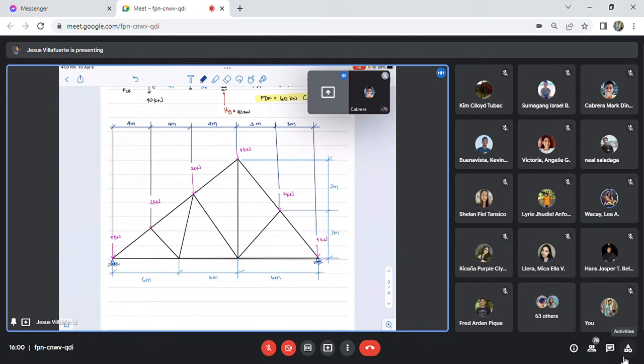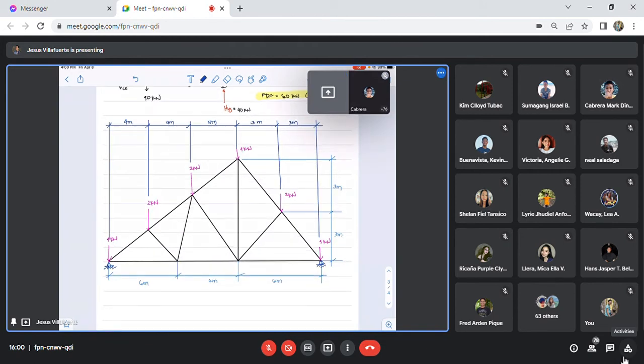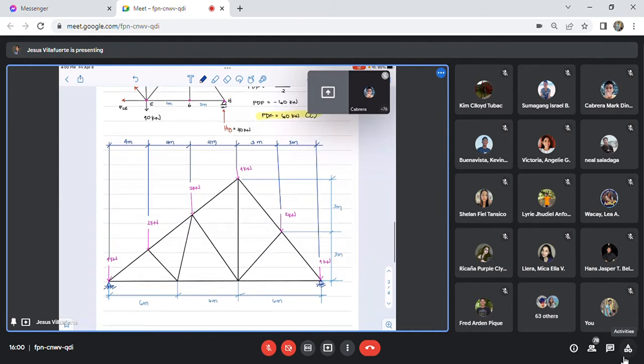Ay kani, this one. Asa duha ka triangle sa pikas nga side? Mason may Tyler. Wala may Mason. Tyler may tawag nila yung Tyler.